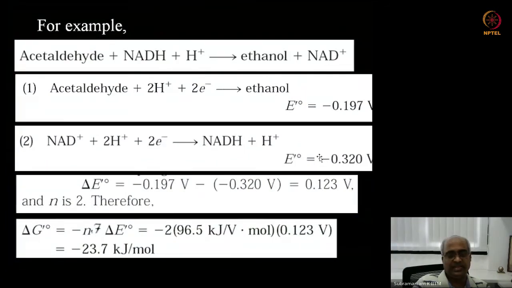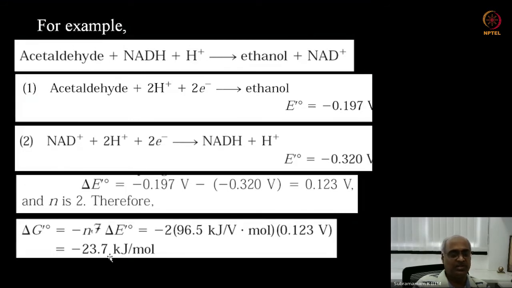This is negative and this is also negative, so you end up getting plus 0.123 volt. When you now substitute in the equation connecting G and E, you get minus 23.7 kilojoules per mole.